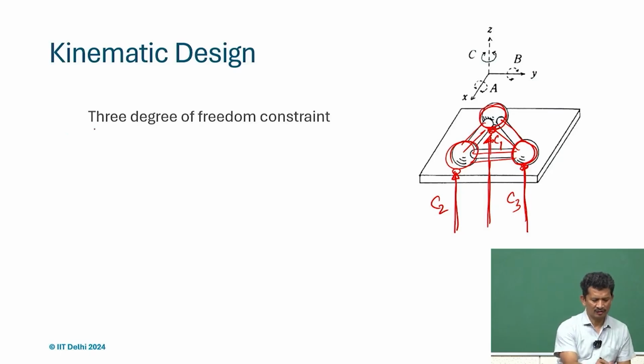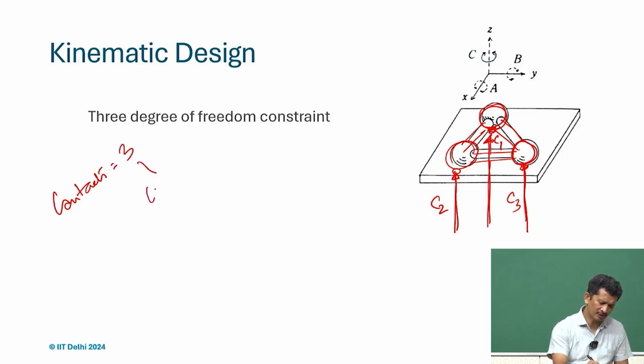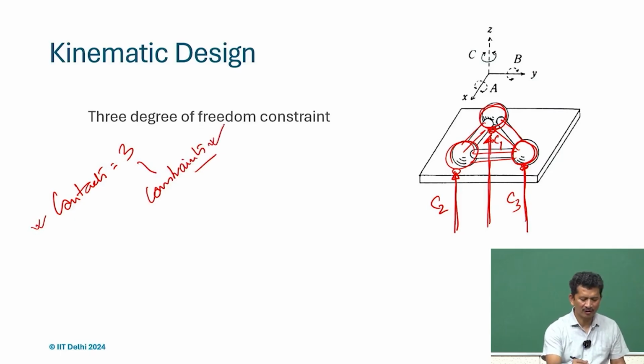So, 3 contacts. In general 3 contacts means we can also say 3 constraints. Why we are saying in general is because we are not talking about the over constraint design yet.